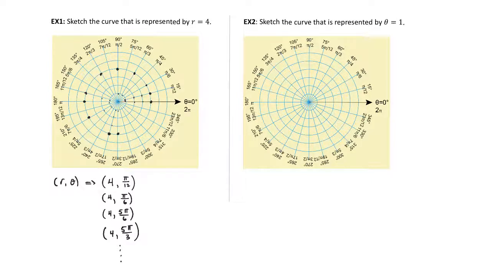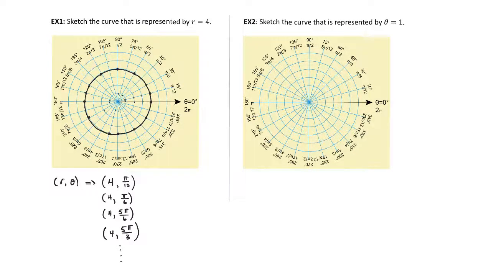Let's do another angle. Notice how what is happening right here is that I am getting a circle. This simple polar equation is the equation of a circle with radius 4.